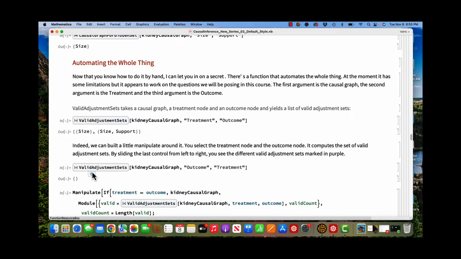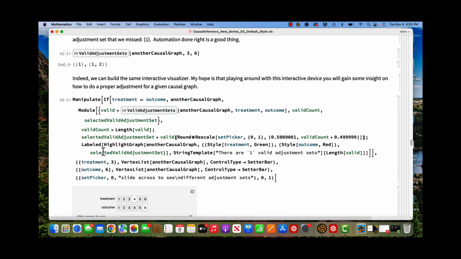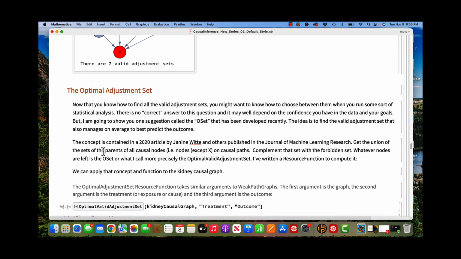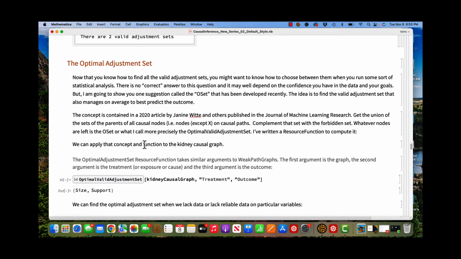So how do you know which adjustment set to pick? And there's no correct answer to that. Some people would say to pick sort of the most minimal adjustment set, just use size. But there's a recent article that I rather like, which suggests a different method.